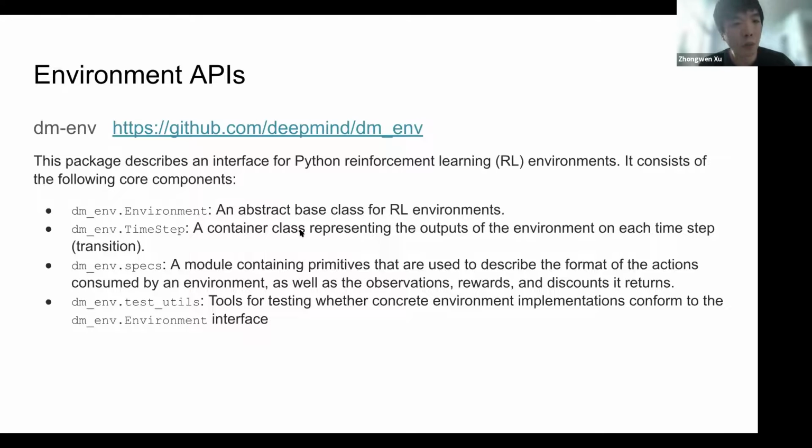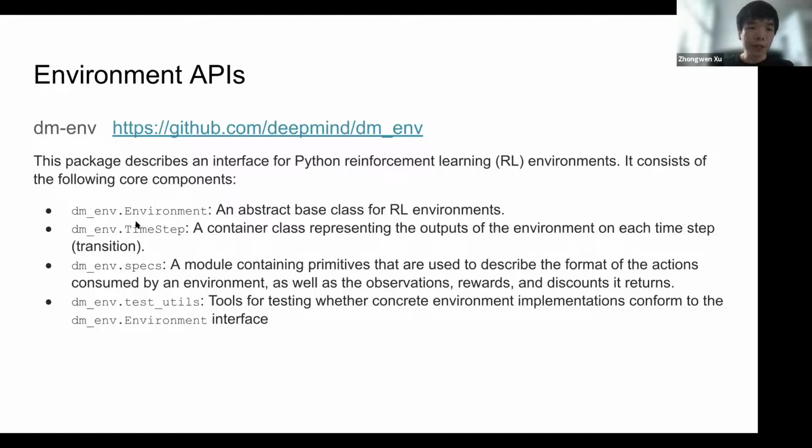For the environment APIs, here I'm using the DeepMind environment API as an example. Another very popular API is the OpenAI Gym API. They are quite similar in flavor, but I will just use the simpler DeepMind API as an example to walk you through the lecture. The DeepMind environment API describes some essential data structures and APIs for the reinforcement learning environment.